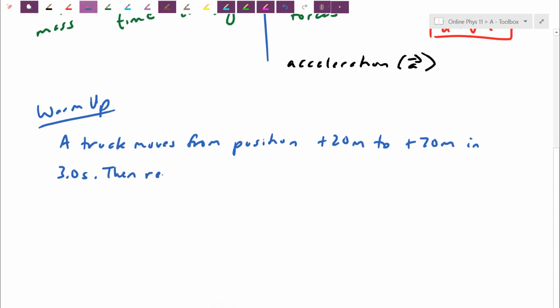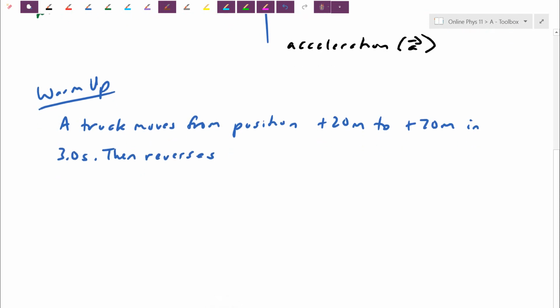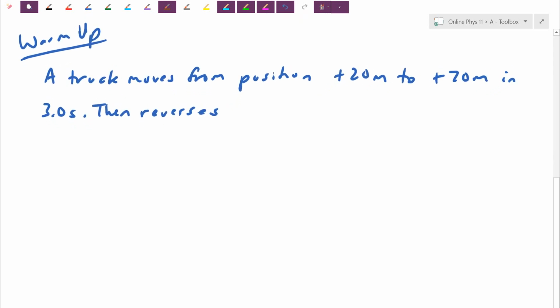Then it reverses. Again, there's not much variety I can do to the problems so far because I'm just in one dimension. The truck can only go forwards or backwards. It then reverses at 1.5 meters per second, right? So that's going to be a speed. It then reverses at that for, let's give it, 10 seconds.